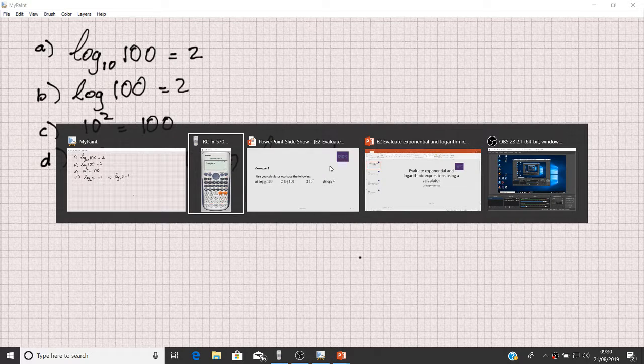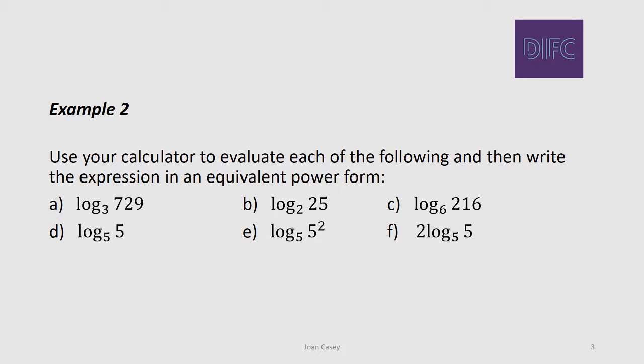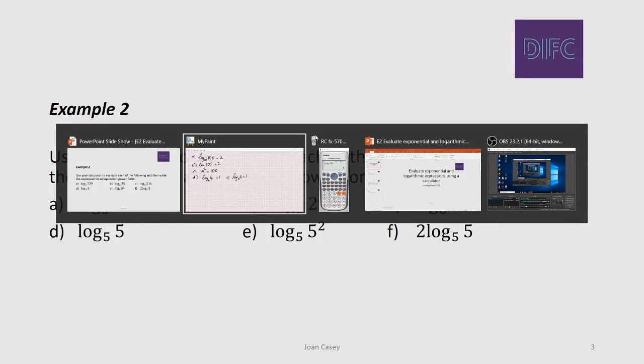Let's take a look now at some other examples relating to logs. So the second example, we've got a number of things here. We want to use the calculator to evaluate each of the following and then write the expression in an equivalent power form. So first of all, on the calculator, we'll take each of these one at a time. The first one is log base 3 of 729.